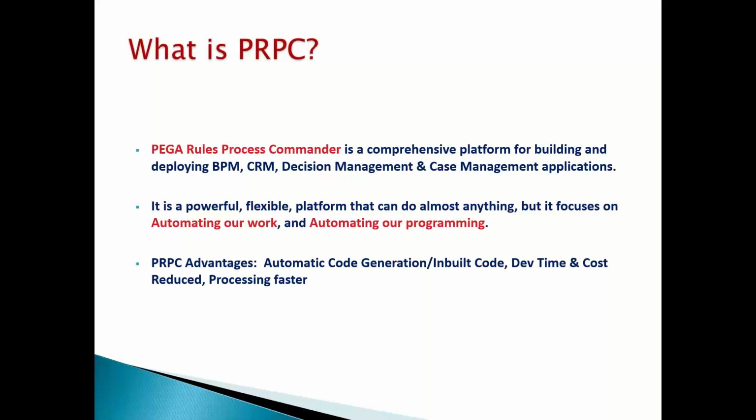The full form is Pega Rules Process Commander. As a developer, anywhere you work in a real-time organization, this is the main portal. Okay, Pega PRPC is the portal name, and we will be using this in order to develop or deploy applications. PRPC introduction and all we'll be getting within 1 or 2 classes.